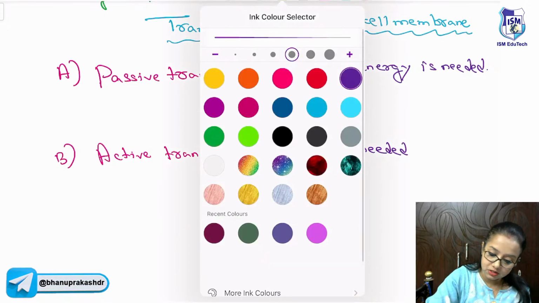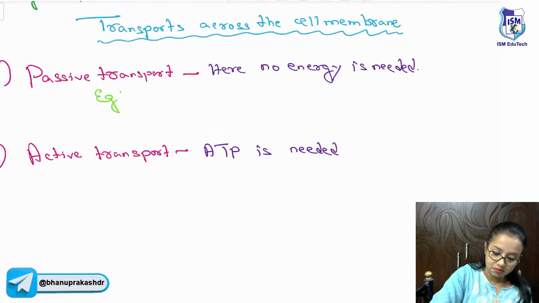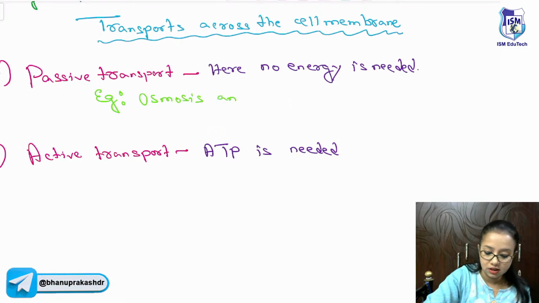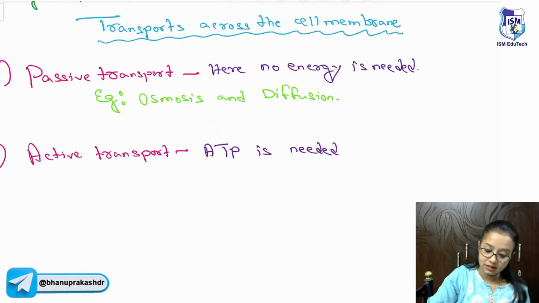The examples of passive transport are osmosis and diffusion. So osmosis and diffusion are the two examples of passive transport. In this transportation, there is no requirement of ATP.